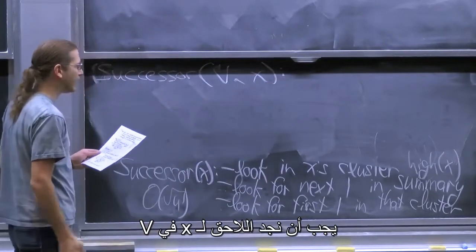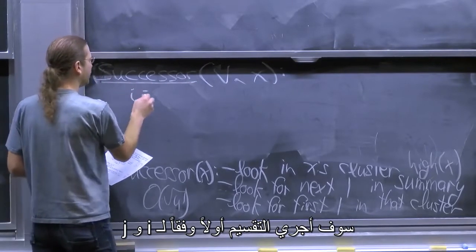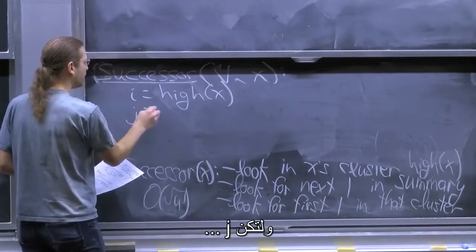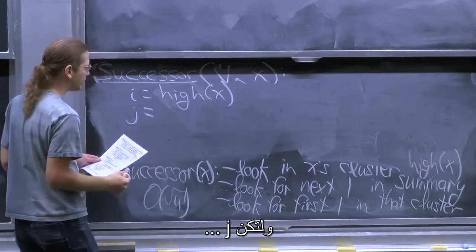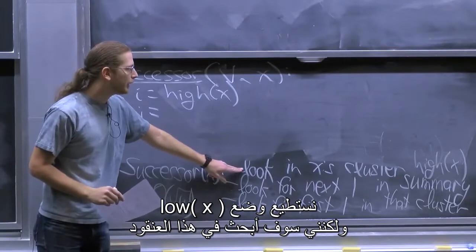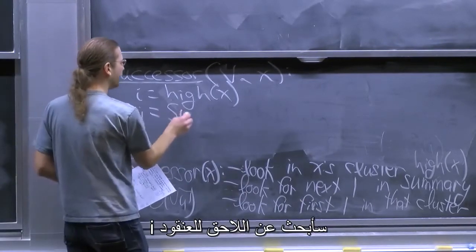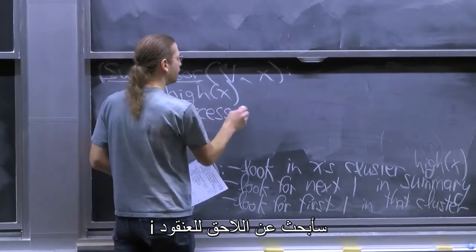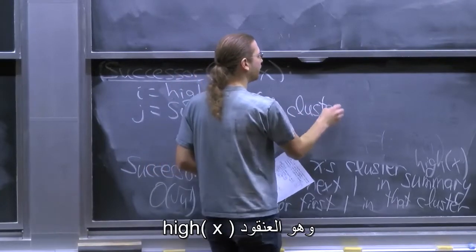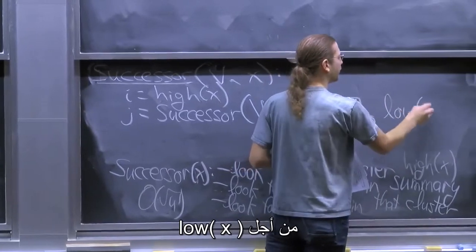We want to find the successor of x in V. First thing I'm going to do is do the i, j breakdown. I'll let i be high of x and j be, I could do low of x. But what I'm going to try for is to search within this cluster high of x. So I'm going to look for the successor of low of x in cluster i, which is cluster high of x.